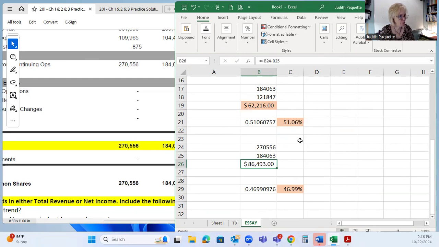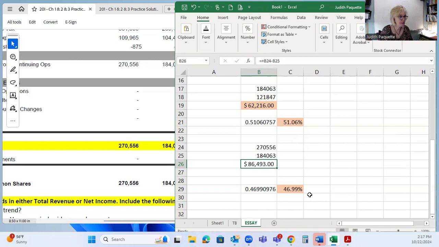So my question is, if this was the first year and you grew at 51%, and the second year you grew at 46.99%, in one word, can you tell me, is this trend favorable, unfavorable, or neutral? What does favorable and unfavorable mean in these terms? Is it good news or bad news?